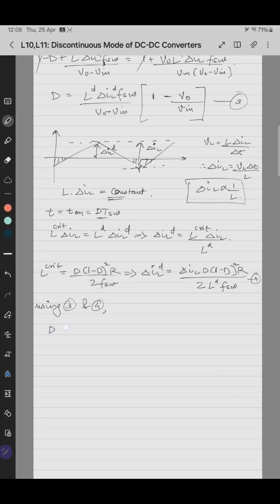We'll write D into (V naught minus V in) equals L_D F switching into (1 minus V naught by V in) into delta I_L of D. Delta I_L of D is delta I_L into D into (1 minus D) whole square into R by 2 L_D F switching.